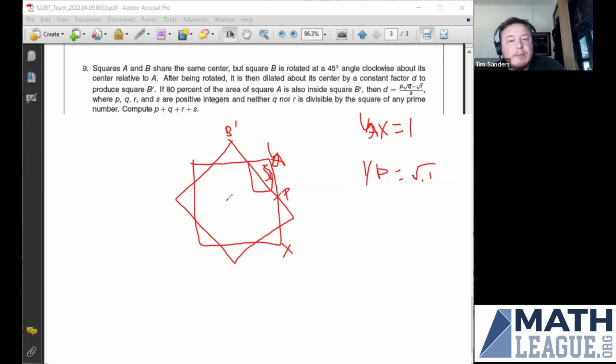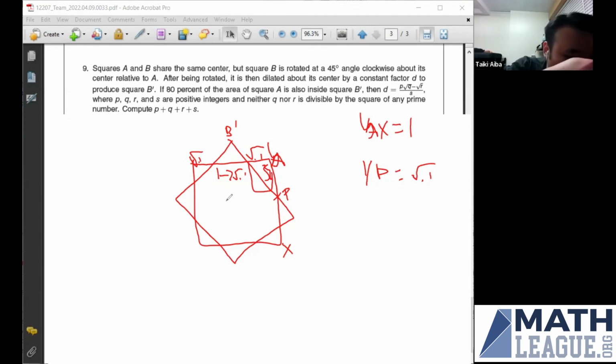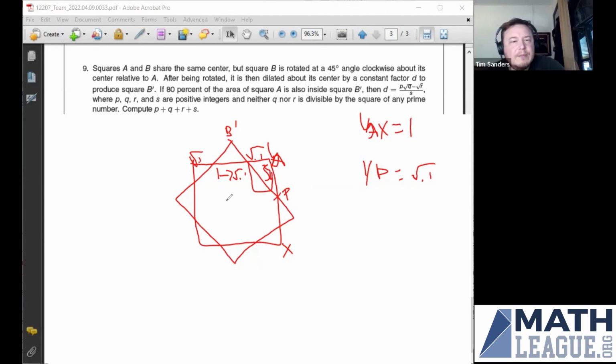So now we've got a root 0.1. We've got a root 0.1. And then the rest of it is 1 minus 2 root 0.1. Well, this is all pretty straightforward then, because this right here is 1 minus 2 root 0.1 divided by root 2.